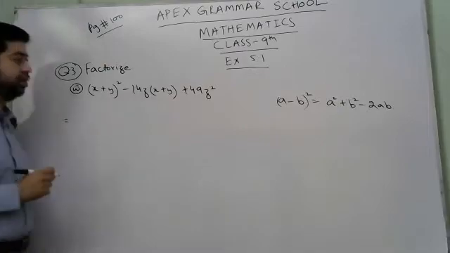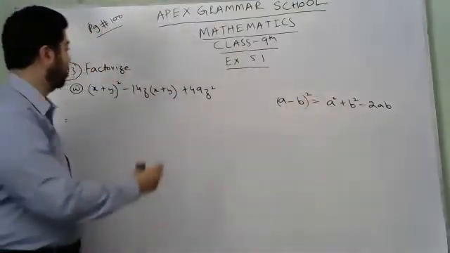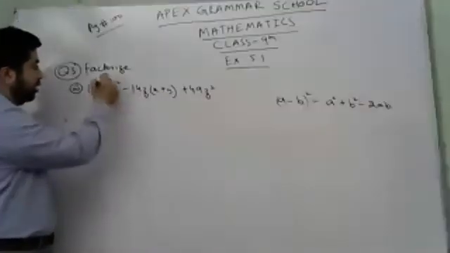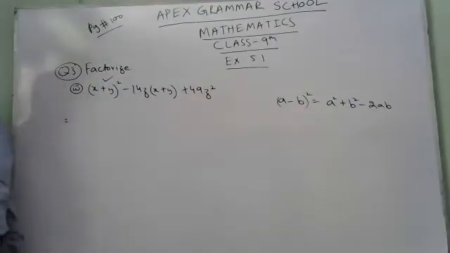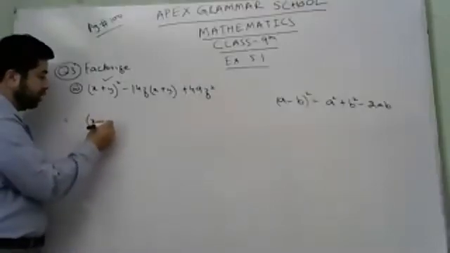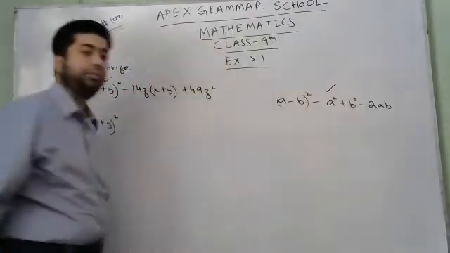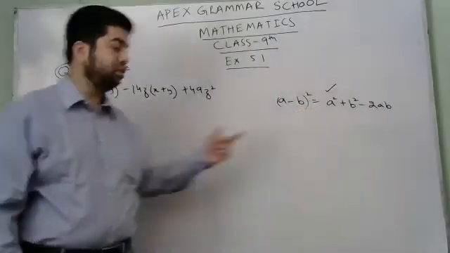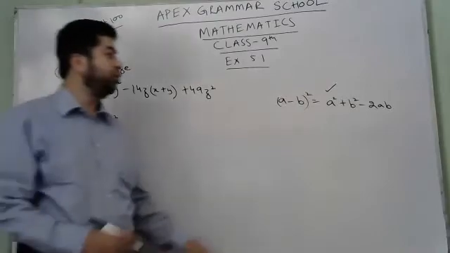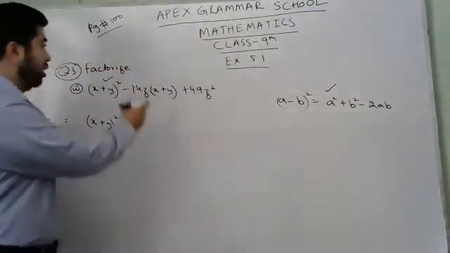You can see that first we have to find a square. The first square here is (x plus y) whole square. You can say that this is a square with positive sign, and this is also positive. Now you have to find b square with positive sign. Is there any square here?